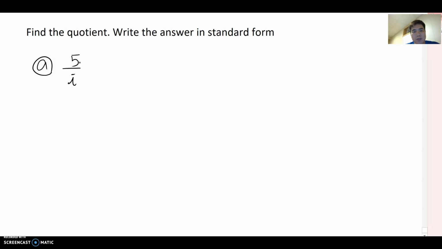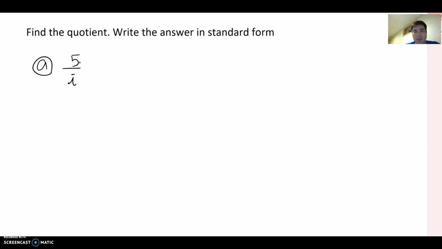When you have this kind of fractional or division form, the convention is that we don't write a radical, imaginary number, or complex number on the denominator.